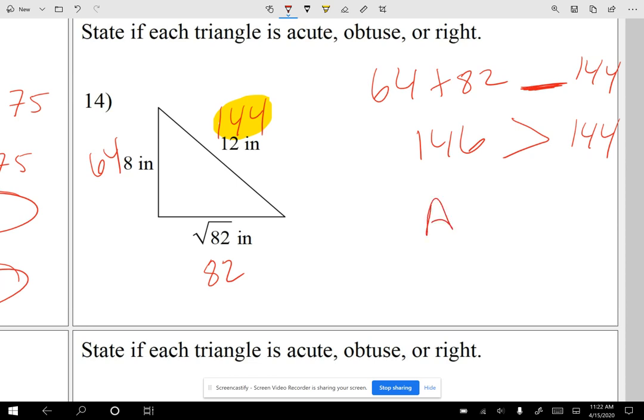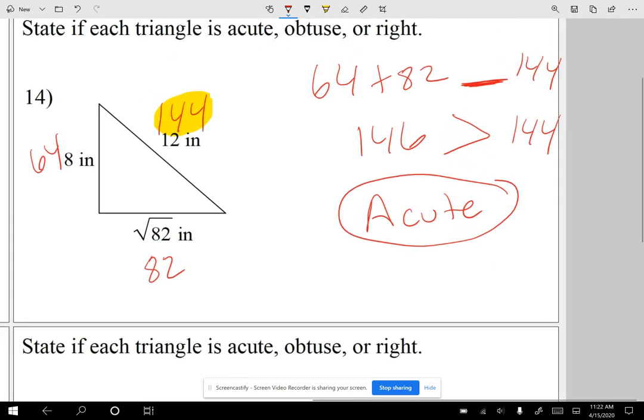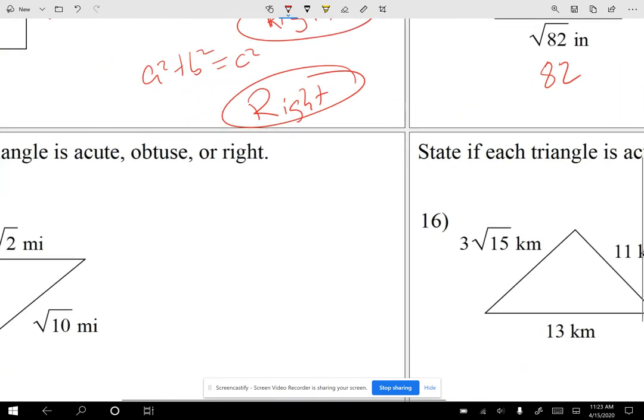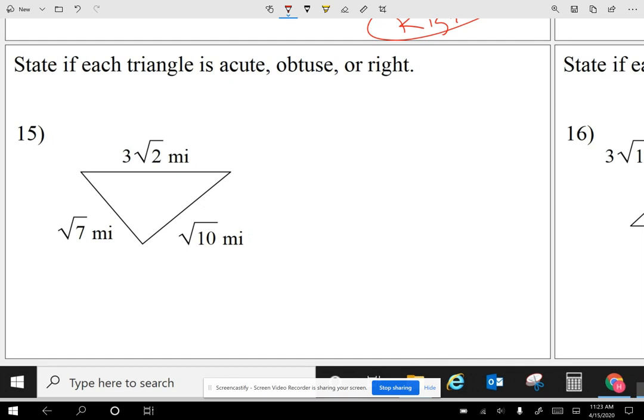So I'm just going to call this acute. Notice how my c squared, 144, became smaller than the other two combined. Once again, whenever you type it, because you're typing a word, make sure you capitalize the first letter. So capital A.